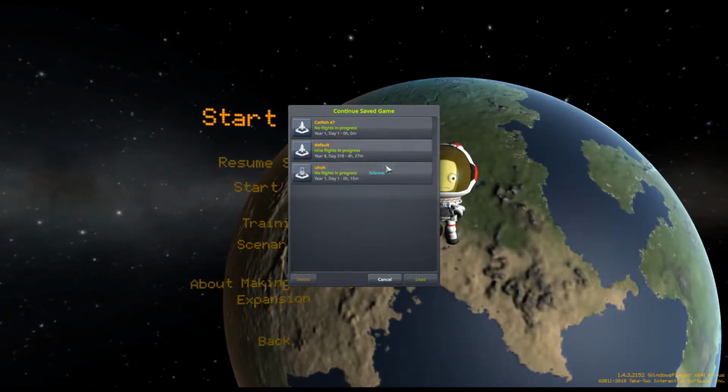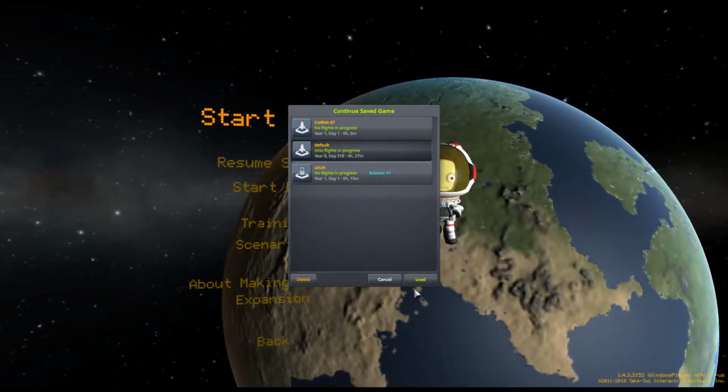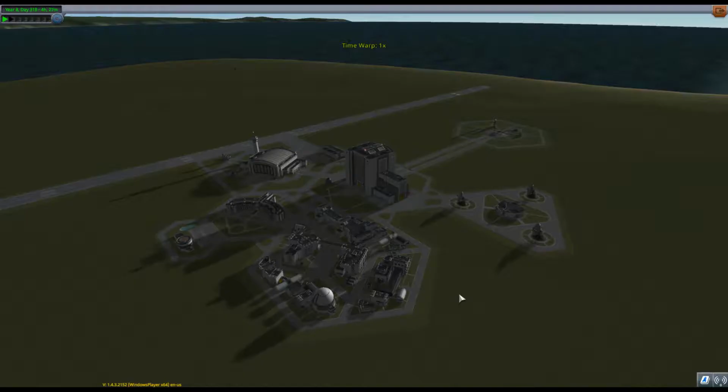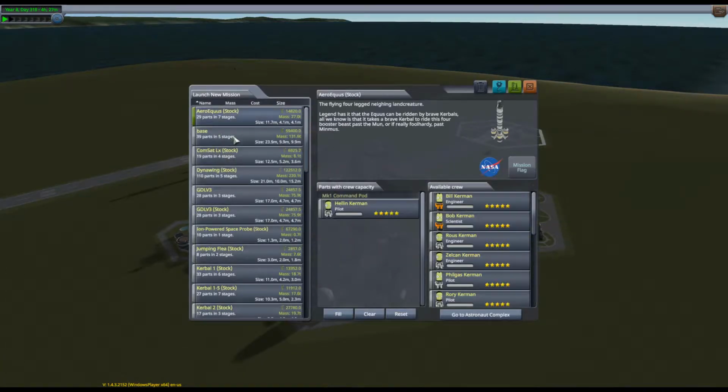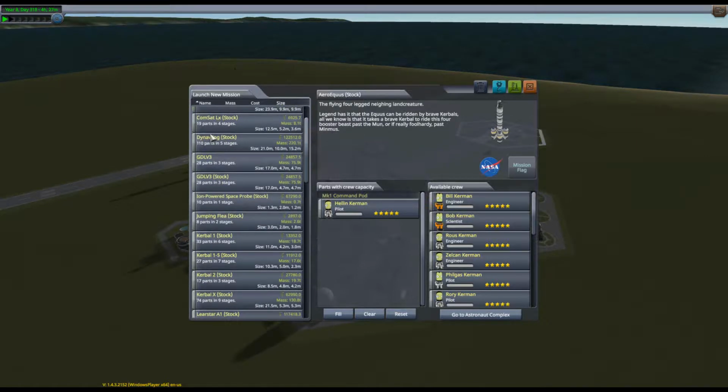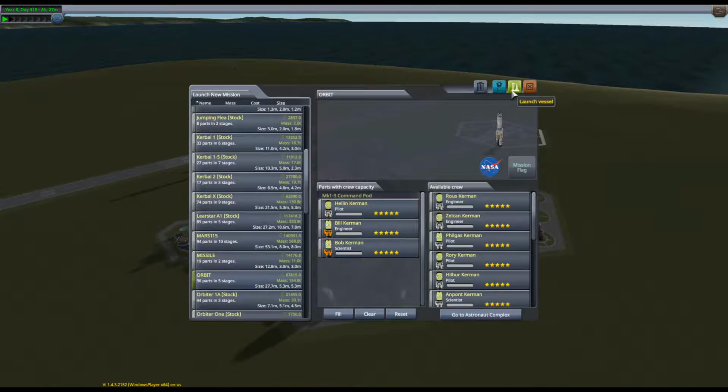Now, this is the first way I figured out how to get into orbit, again, just like last time. This time, though, we're going to be using this rocket, which I named Orbit, quite fittingly, because it is strictly orbital, not to go to any other celestial bodies.